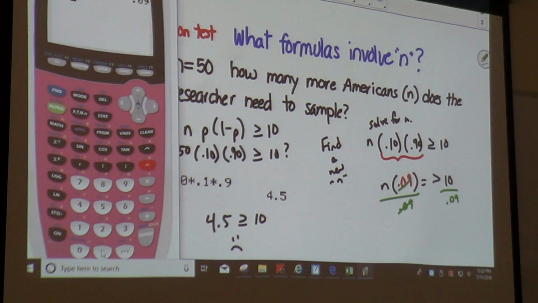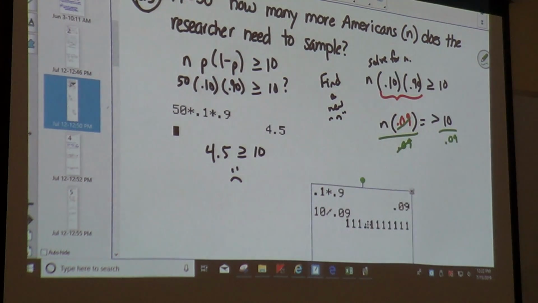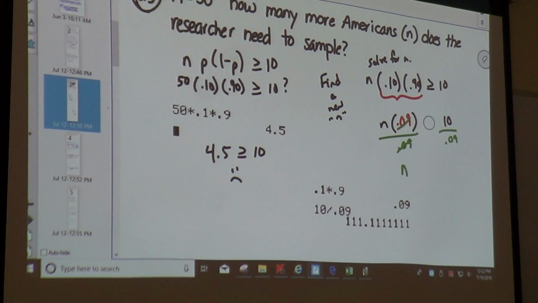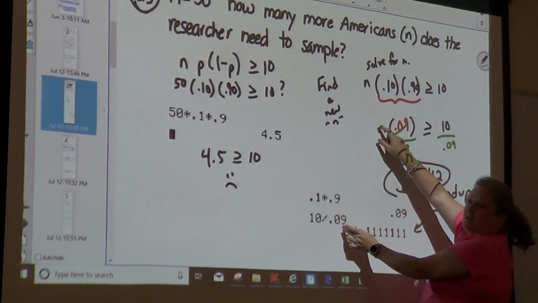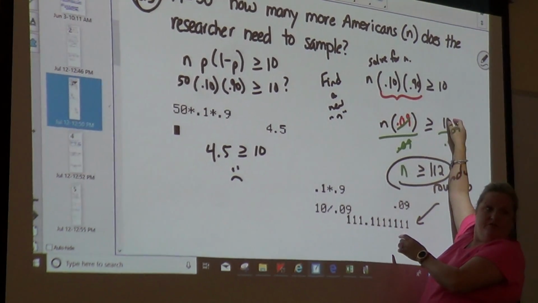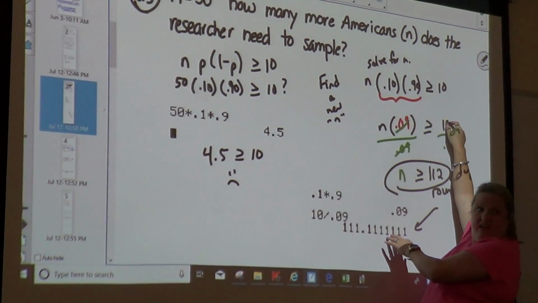Now, you're going to want to round that number up, because if you do 111, it's not going to be high enough. So you're going to have to do 112 to make sure it's high enough.